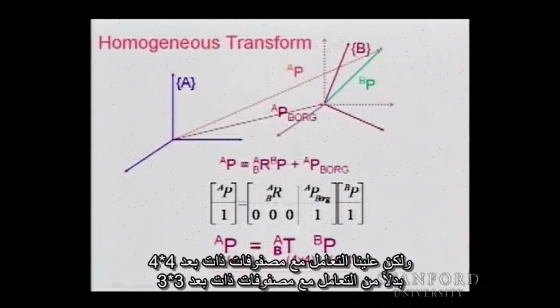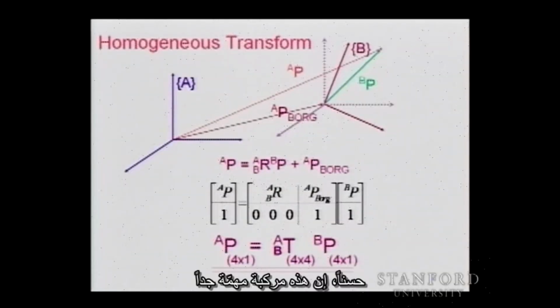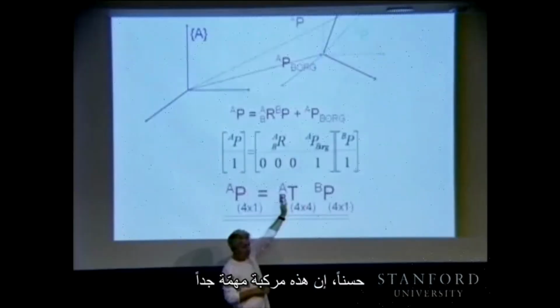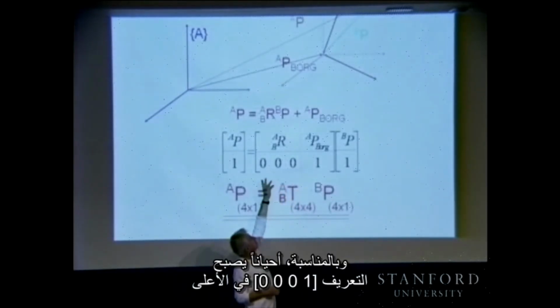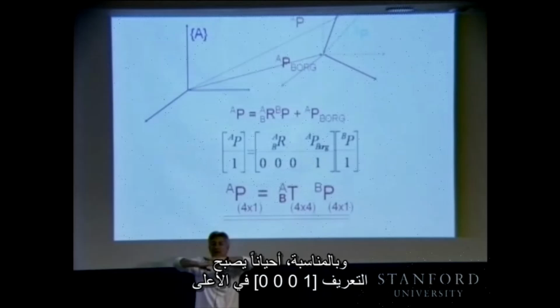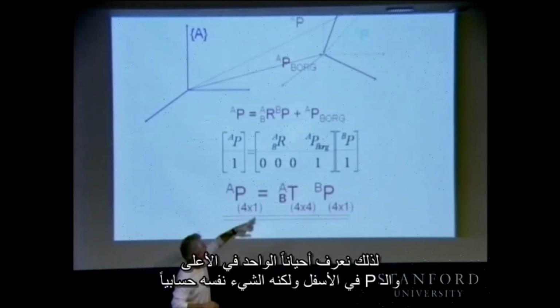But we have to handle 4 by 4 matrices instead of 3 by 3 matrices. Okay, so this is a very important component. Now, by the way, sometimes 0 0 0 1, the definition is on the top. So sometimes you define 1 p instead, but it is exactly the same computation.